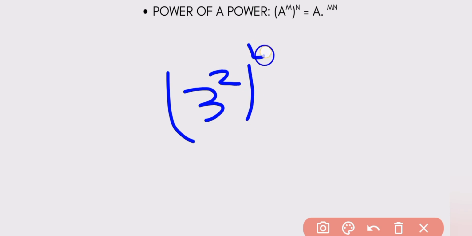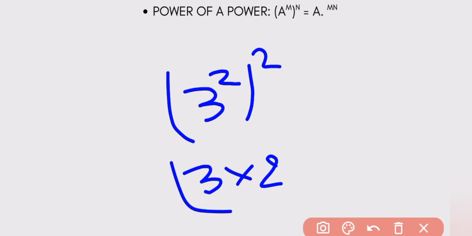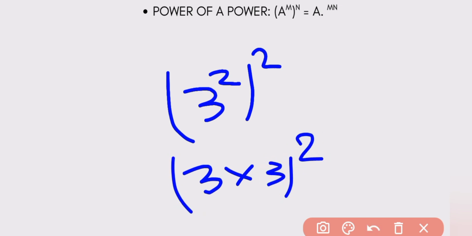Let us see an example. If we have 3 to the power 2 and it has the power of 2, it will be written as 3 into 3 and it has the power of 2.